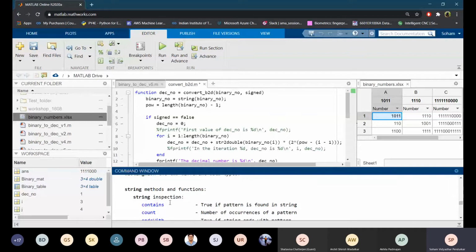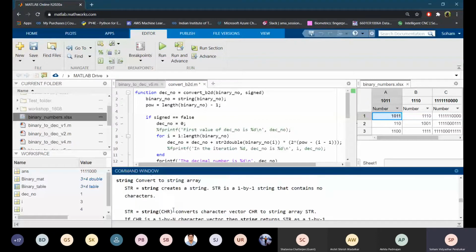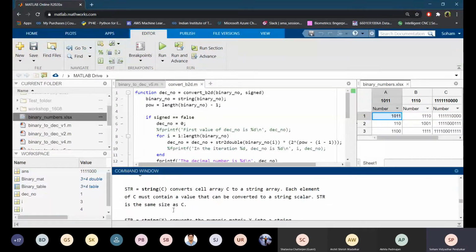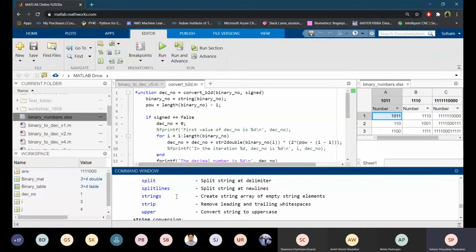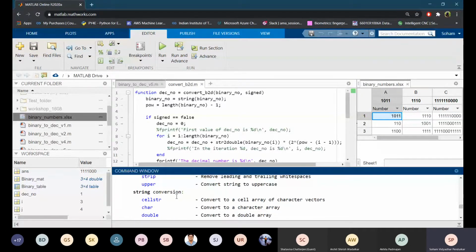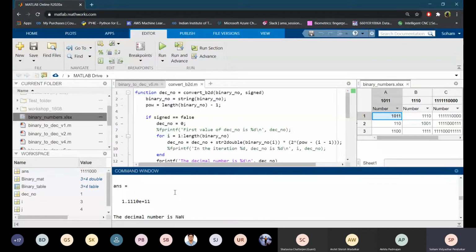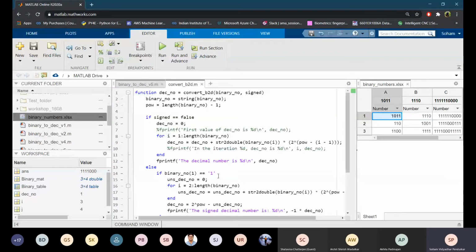There are a lot of functionalities available for you to read, but those are very specific to your application. So you don't need to be overwhelmed by this much content. Mostly, when you're applying it in your assignments or applications, you'll be looking at some specific command. So yes, string of binary number.